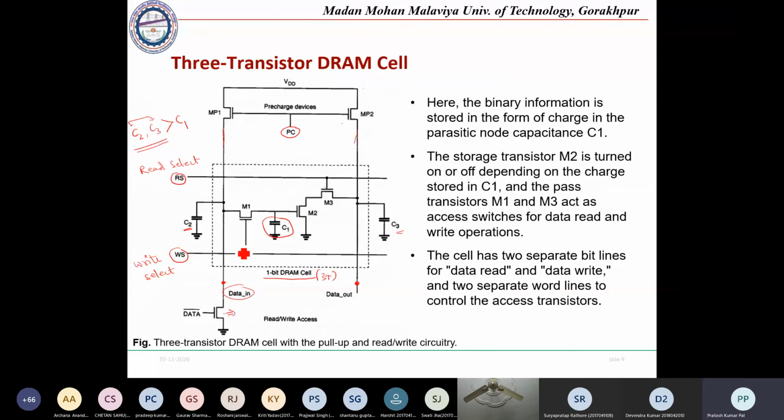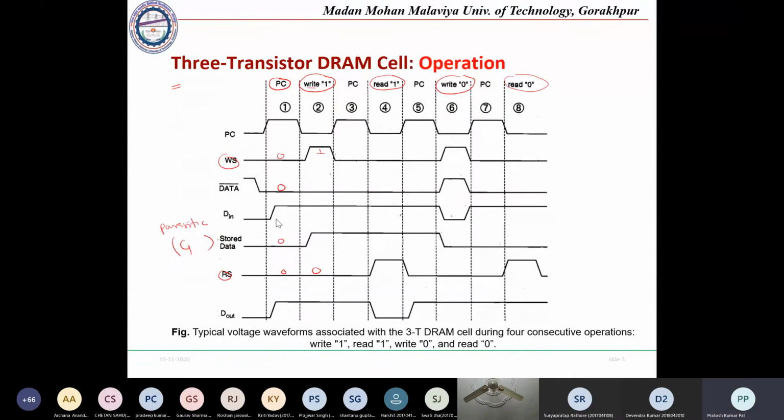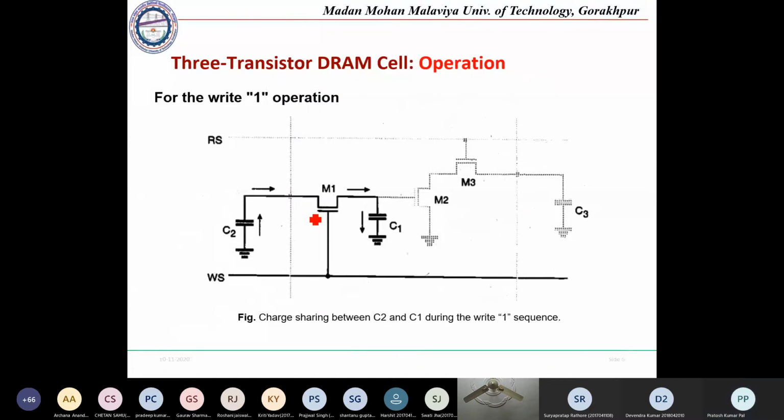Write select is activated, which means the M1 transistor is on, and M3 is off. Initially C1 is equal to 0, or the stored data is 0, so M2 will also be off. So this is the condition.